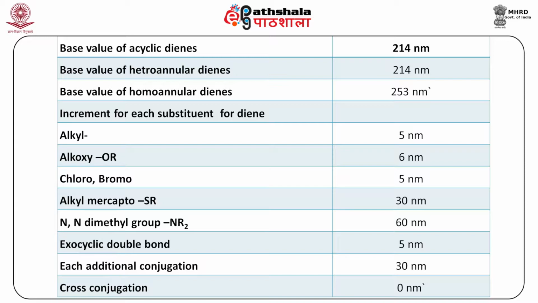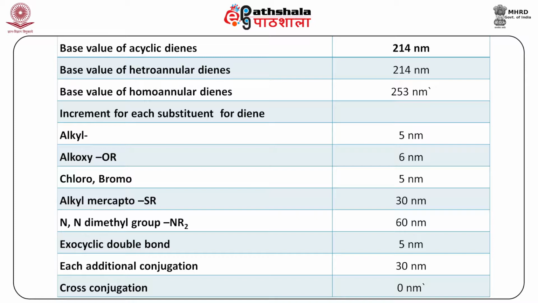For heteroannular dienes, it is 214 nanometers, and for homoannular dienes, this base value or the parent value is 253 nanometers. Now, there are fixed nanometers which we would be adding to these various assigned basic values.